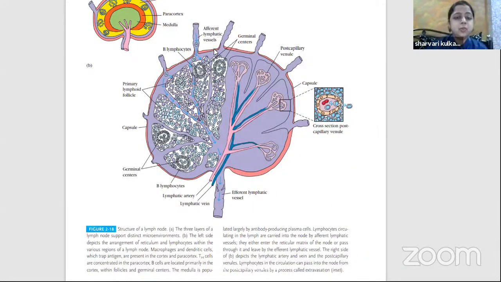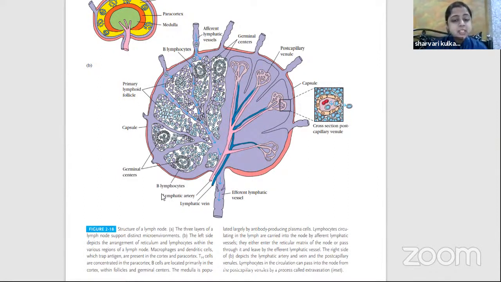If you zoom in for a better view, you can see this is the lymph node, and this is the structure of the lymph node. There are three main layers of the lymph node: cortex, paracortex and medulla, depending upon which types of cells are present in them. So these are the regions.